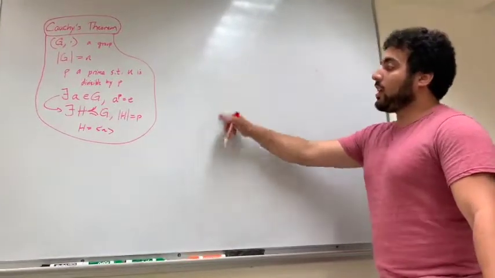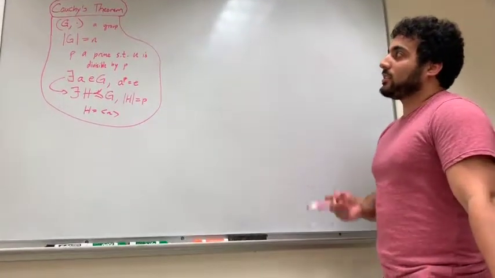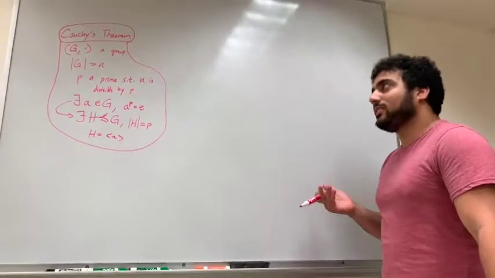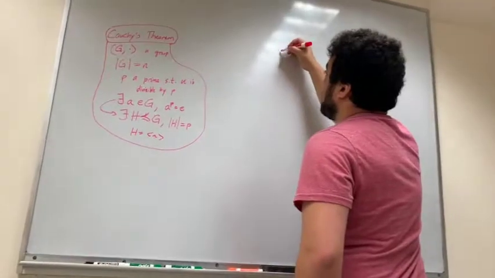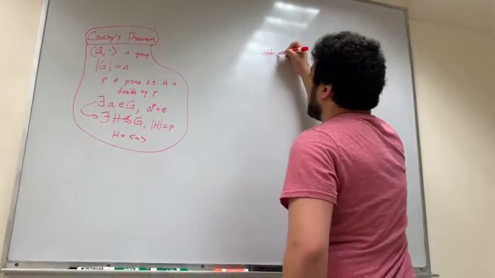We're going to prove it using the concepts of group actions and orbits and stabilizers. As a quick reminder, we're going to use the orbit stabilizer theorem, which is a very generally useful thing.